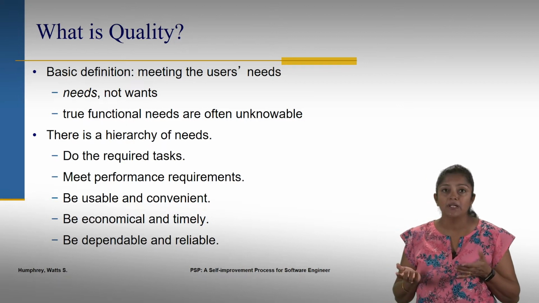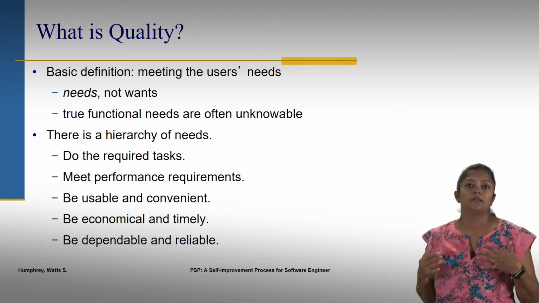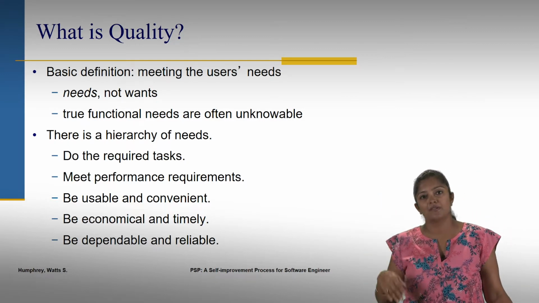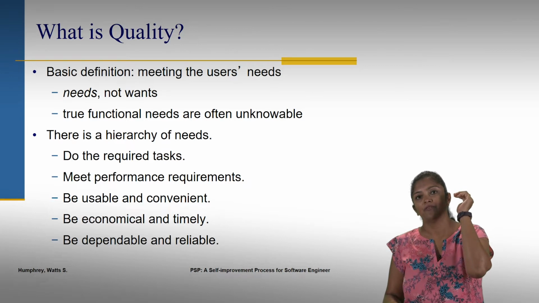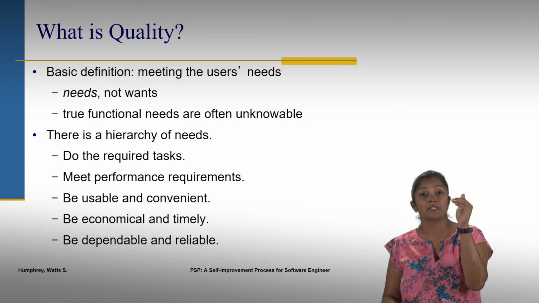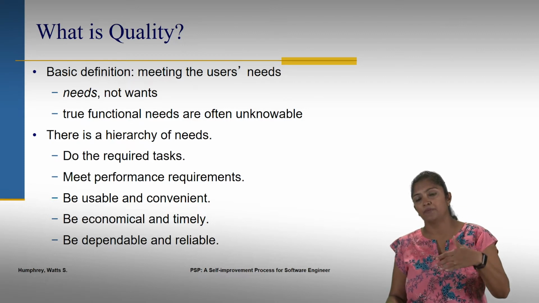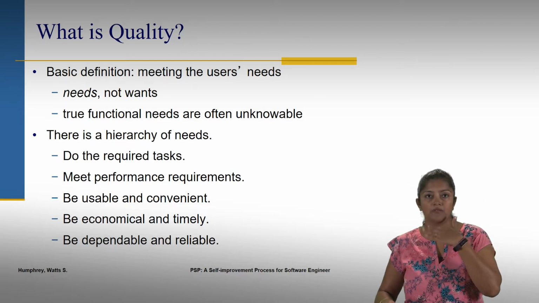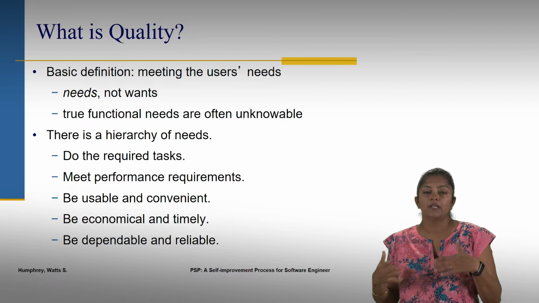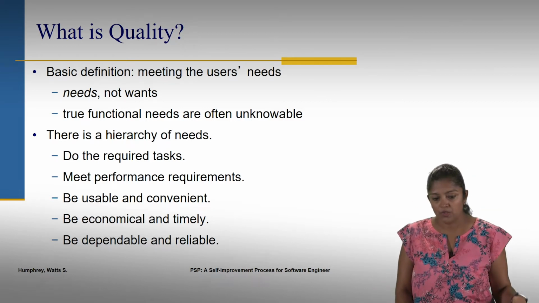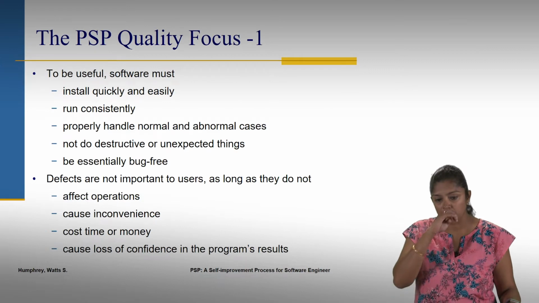It should be economical and timely, and overall the software should be dependable and reliable. So here's the hierarchy, with the required tasks working correctly being the most important, followed by performance, followed by usability, followed by the economics of it, and then the dependability and reliability of it. Those are the hierarchy of needs.